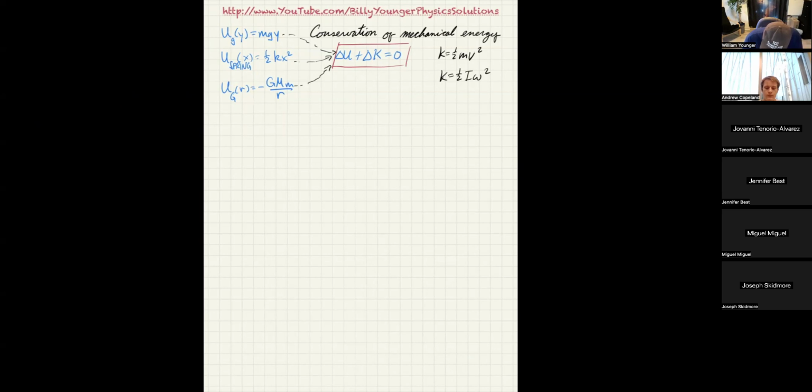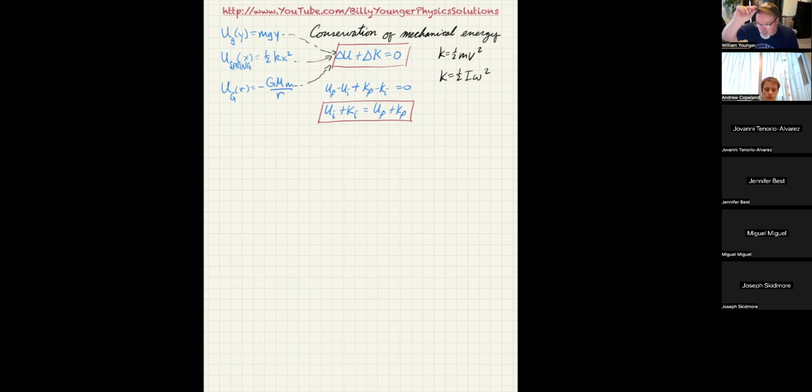But right now, what that means is U final minus U initial plus K final minus K initial is equal to 0. So you could rejigger those terms, and then you discover that U initial plus K initial could be on one side, and then you'd have U final plus K final on the other side. And that's yet another way of doing conservation of energy.